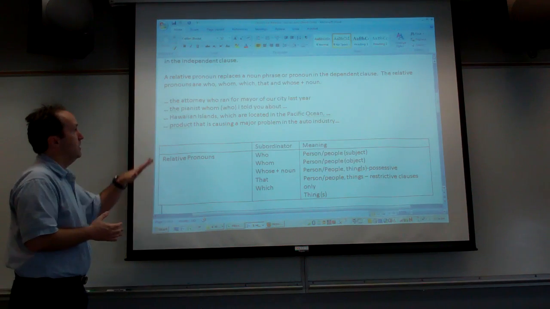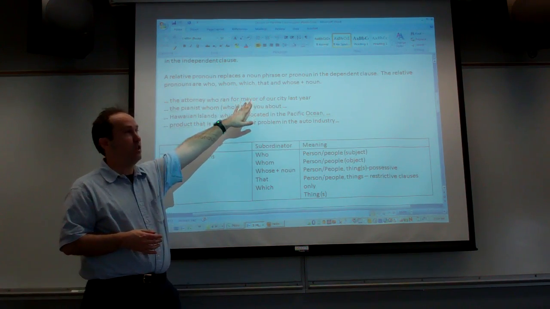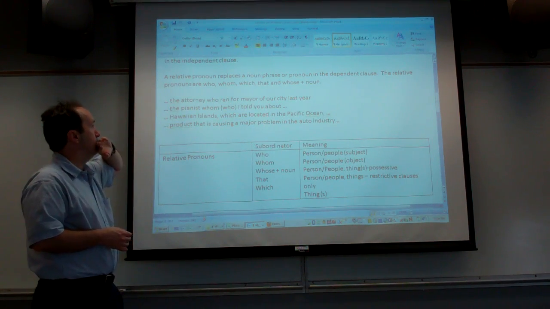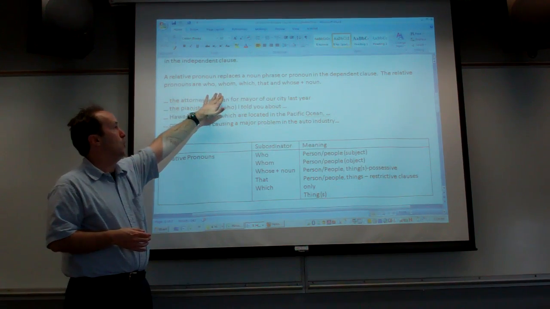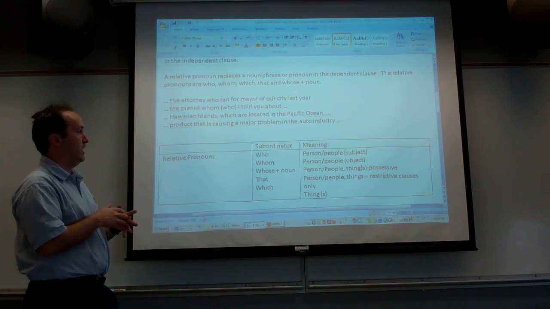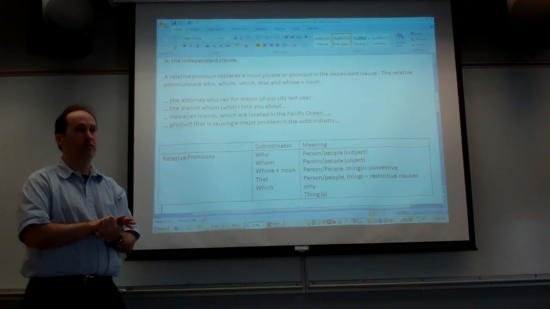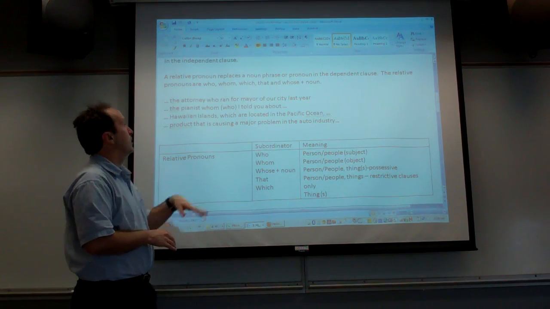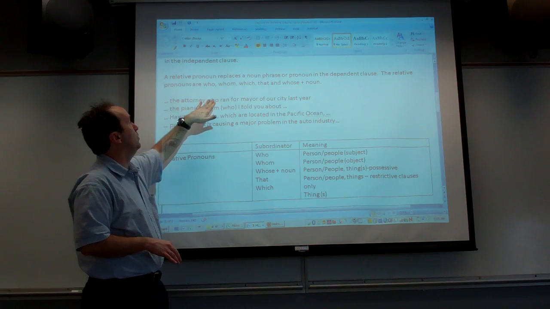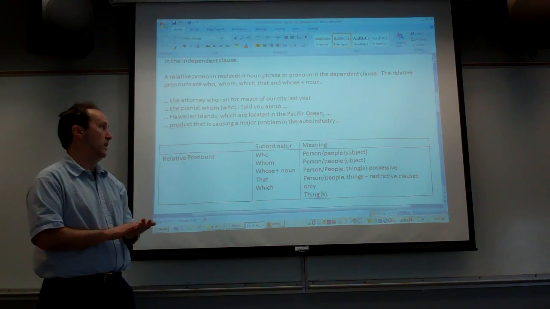But anyway, they replace a noun phrase or pronoun in the dependent clause. Some of these pronouns are who, whom, which, that, and whose. And then we have our adjective clause. We will probably not get to whose. That will be another day.